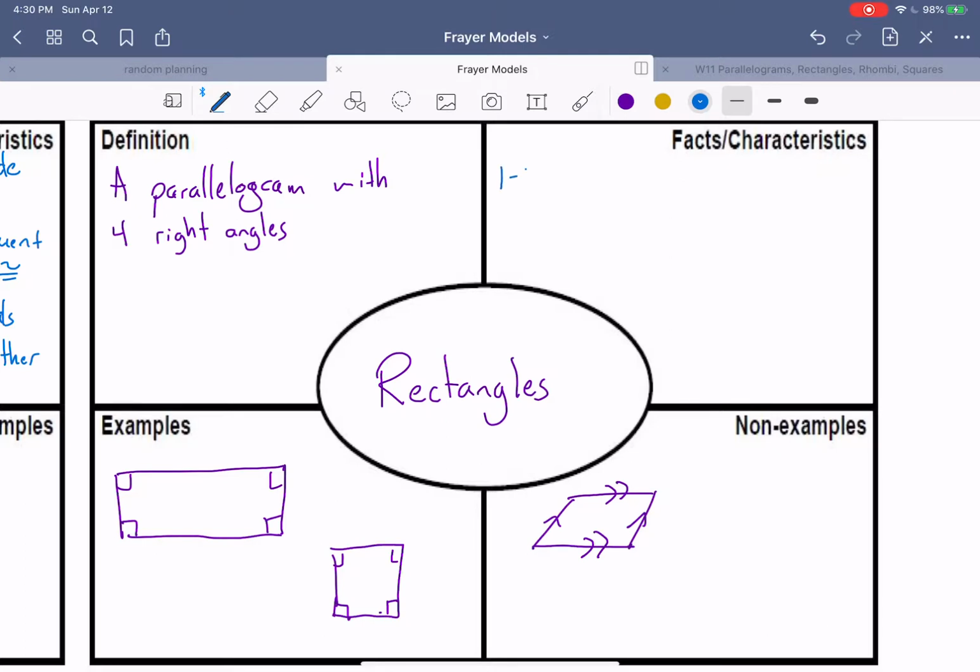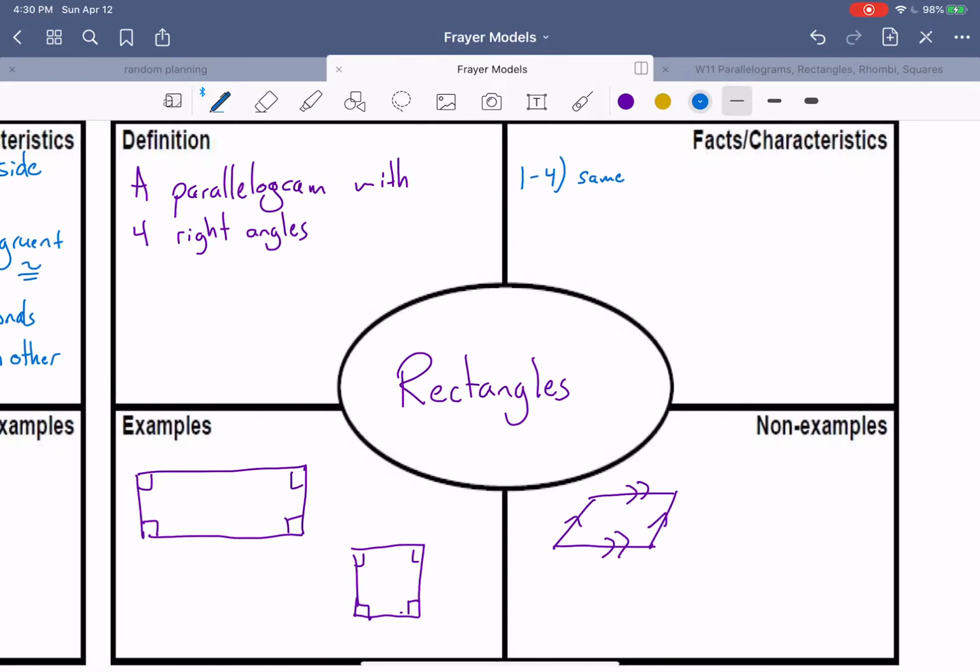That means it has the same facts about parallelograms. Those 4 stay the same, but it also has another fact that's true about it. And that's because of the special property that the rectangle has right angles. That means the diagonals are going to be something.